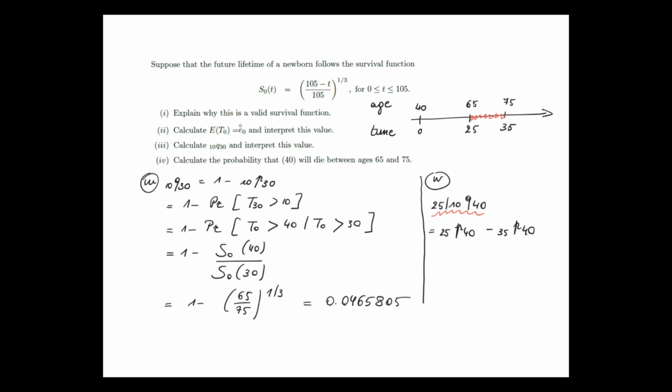And I can see that as I'm going to take the probability to survive another 25 years. That's the blue one. And I'm going to subtract the probability to live 35 years or even more. And that's the green probability. So if I look at these differences, then I'm exactly able to calculate the probability that I'm looking for.